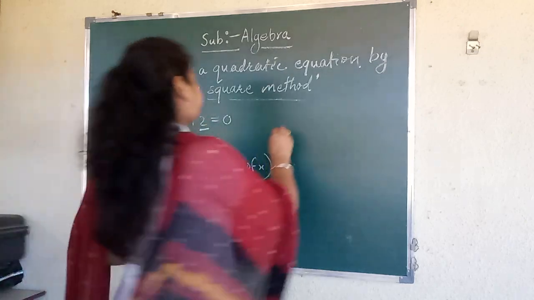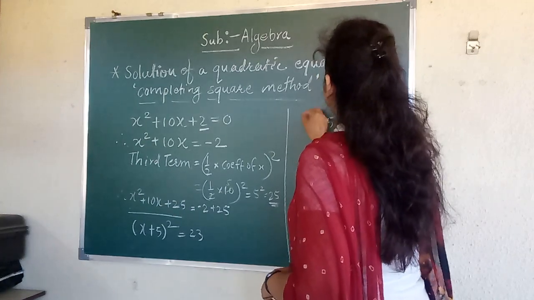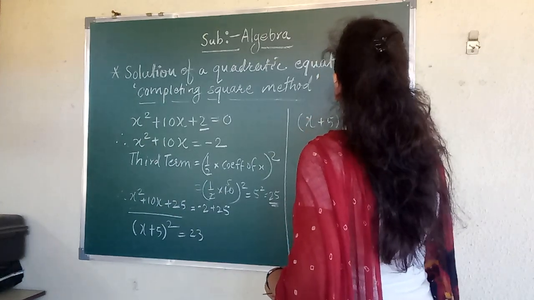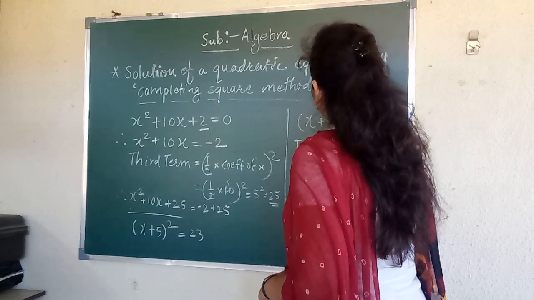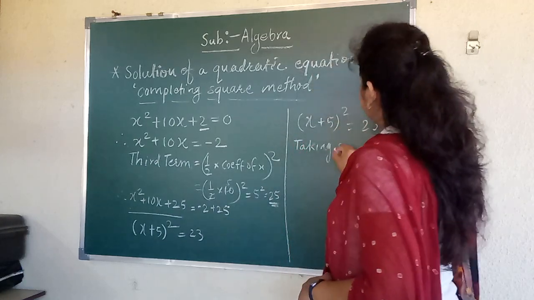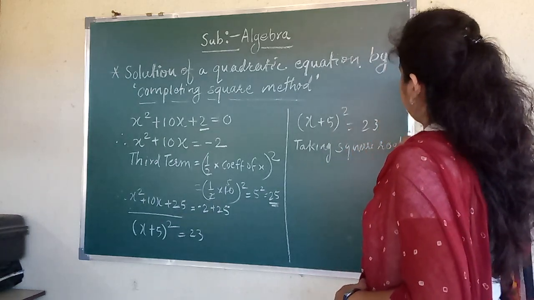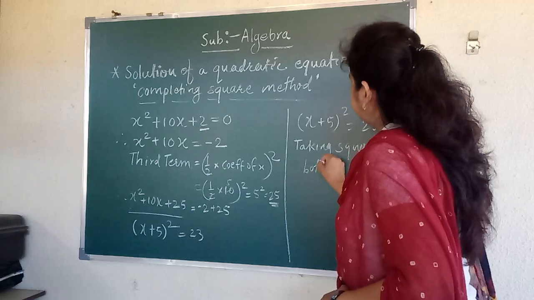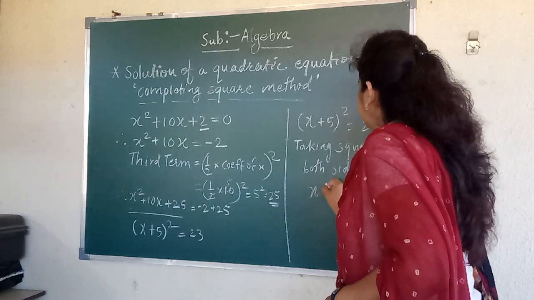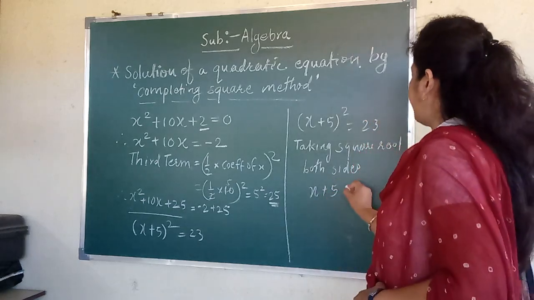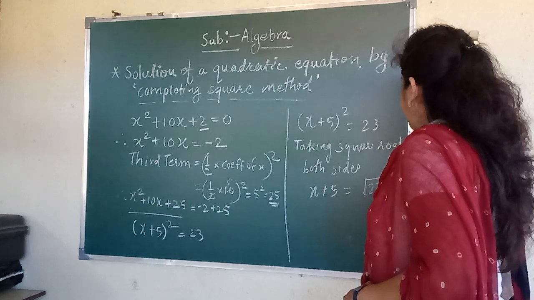After that, the next step: x plus 5 bracket square is equal to 23. Taking square root on both sides, x plus 5 is equal to plus or minus square root of 23.